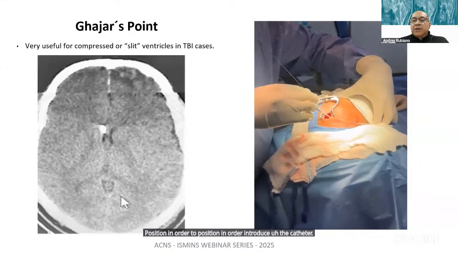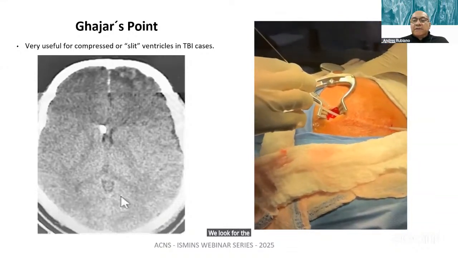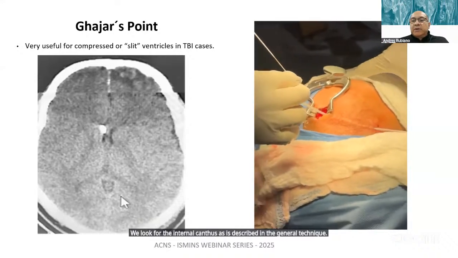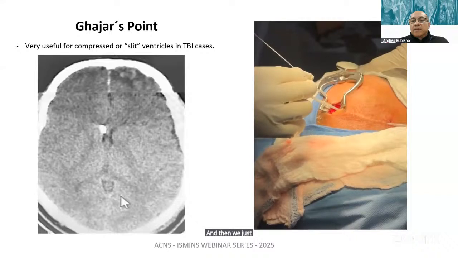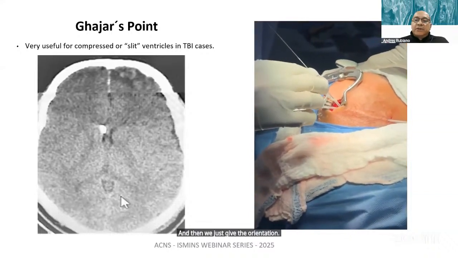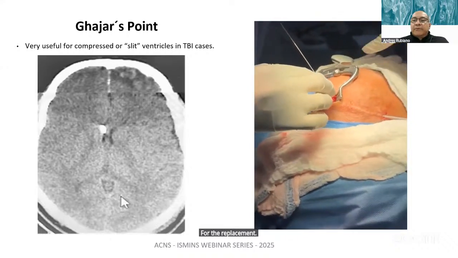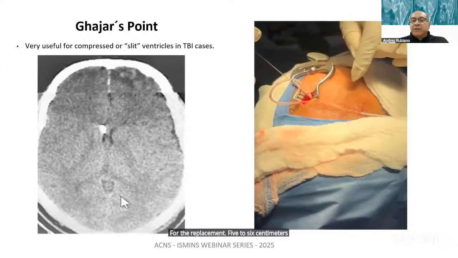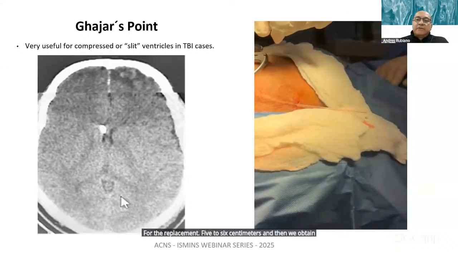We look for the internal canthus as is described in the general technique. And then we just give the orientation for the ventricular placement, around 5 to 6 centimeters, and then we obtain the CSF without any problem.